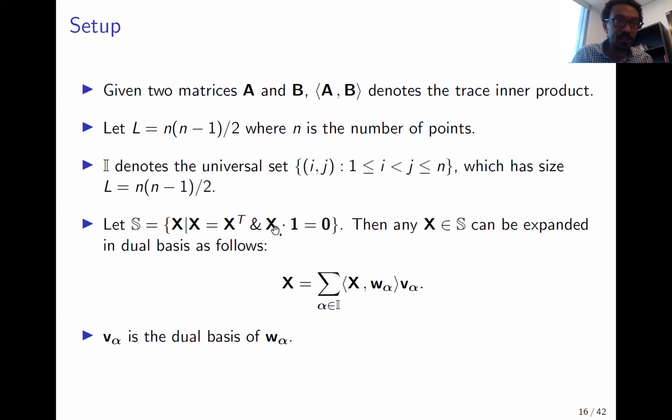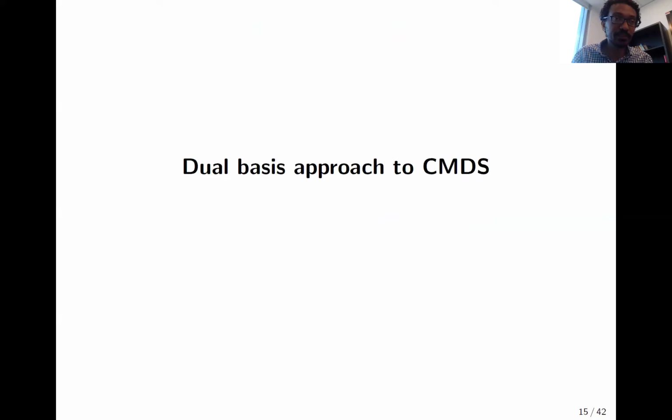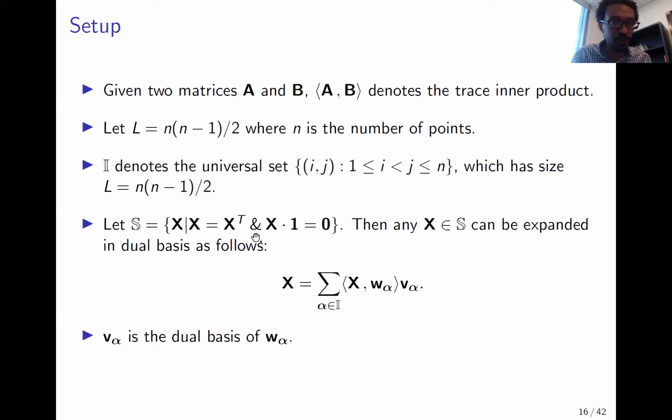Just to show why this is the case, this J centers our points at the origin. So the gram matrix we get from classical MDS will always have its points centered at the origin. So X times the 1 vector is the 0 vector. Okay, so this is the space that we are interested in.